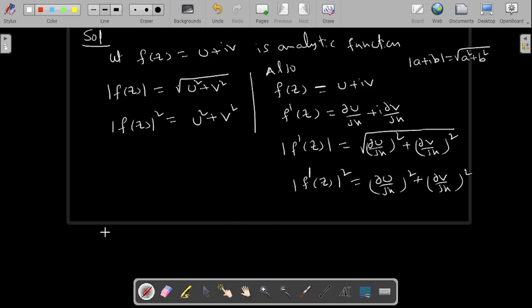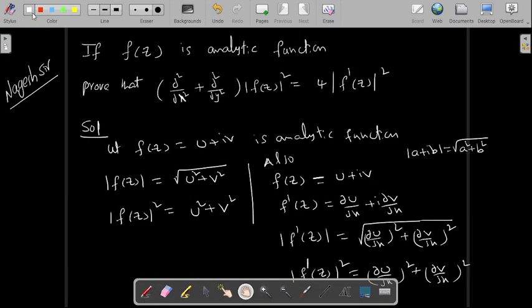After this we have to do ∂/∂x of u² + v². So what is our proof? In our proof, ∂²/∂x² of |f(z)|², that means you have to differentiate |f(z)|² two times.